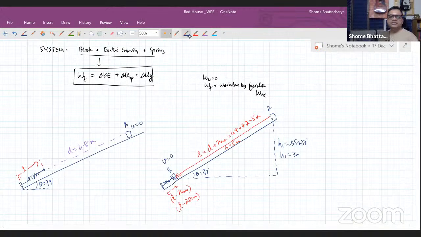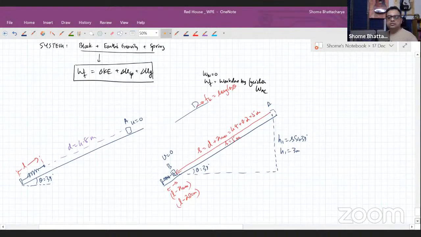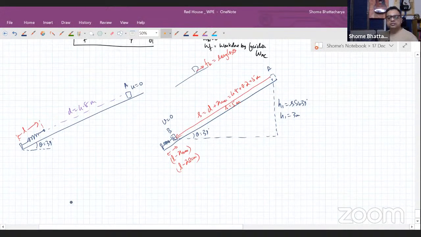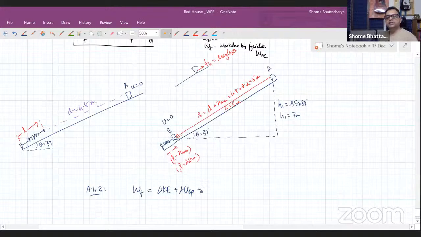Now during this entire journey going from here to here, what is happening? Kinetic friction acting on it is mu mg cos theta. Okay, so for the journey from A to B, when I write this, work done by friction is change in kinetic energy plus change in spring's potential energy plus change in gravitational potential energy.